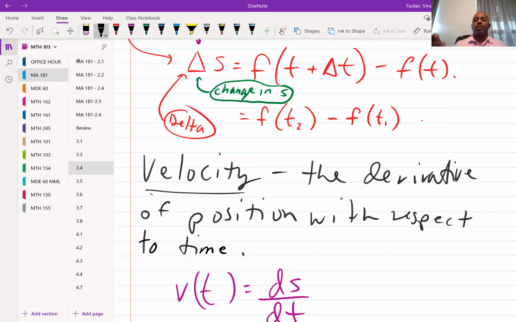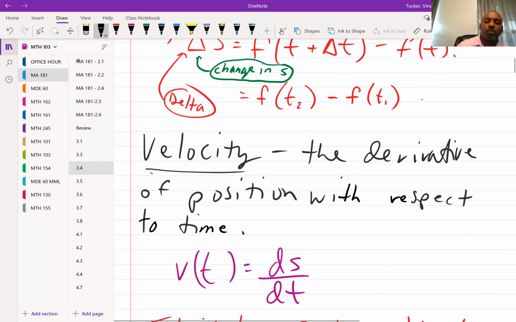So velocity is the derivative of position with respect to time. V of t is, like I said, the derivative of your position. Remember, position is S for us, with respect to t.